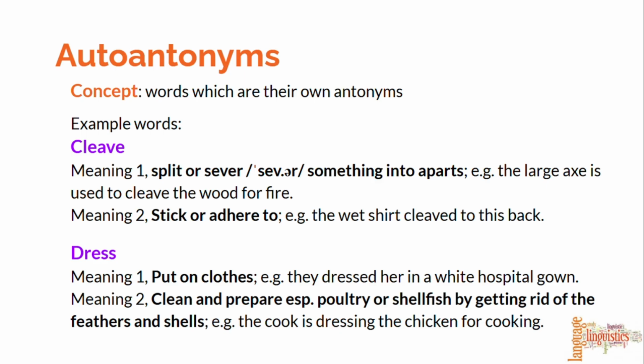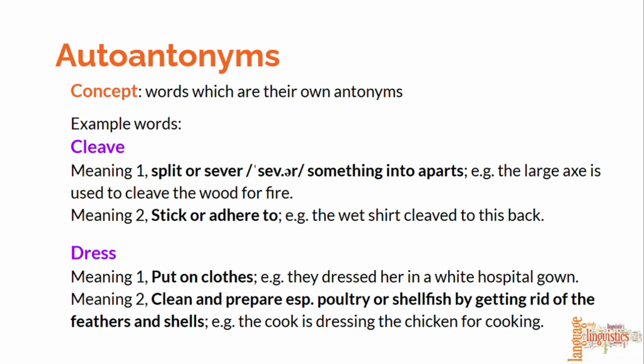That is, when two meanings of a word are opposite to each other, this word is regarded as autoantonyms. Let's look at some example words. The first word, cleave.